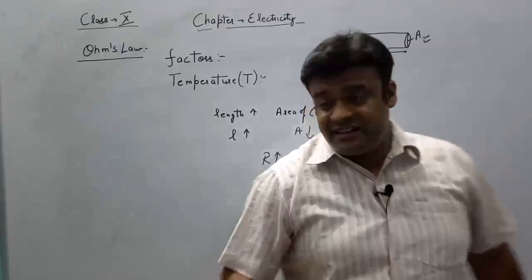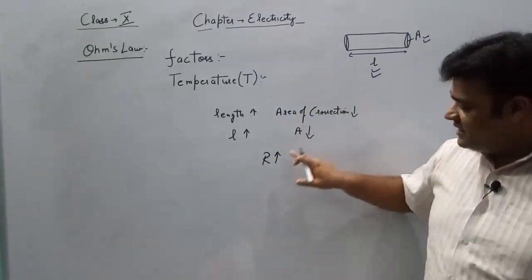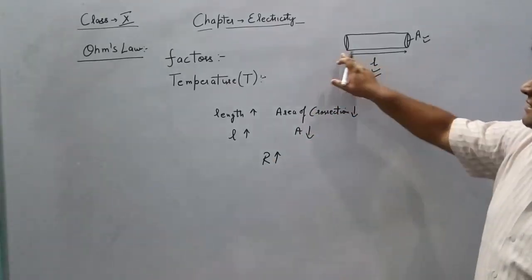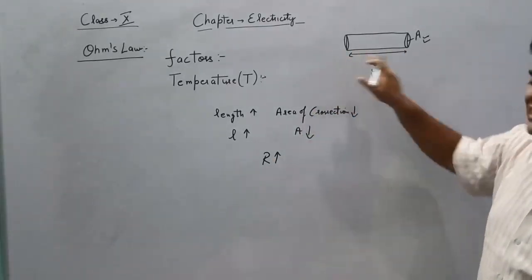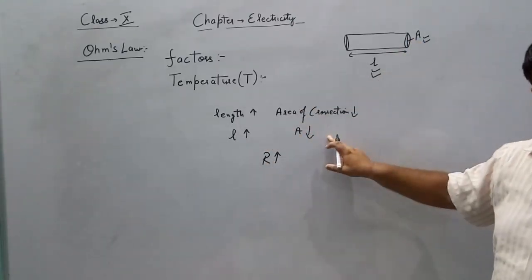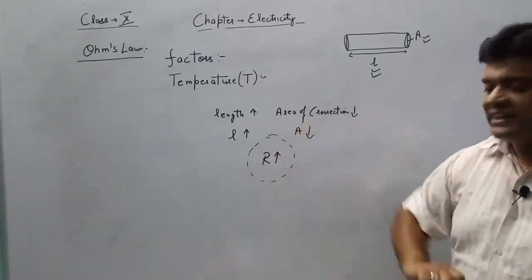If length will increase, resistance will increase. If area will get decreased, resistance will also get increased. So in both the cases, whenever temperature will get increased, length and area will also get affected in this manner, and in both the cases resistance of the material will get increased.